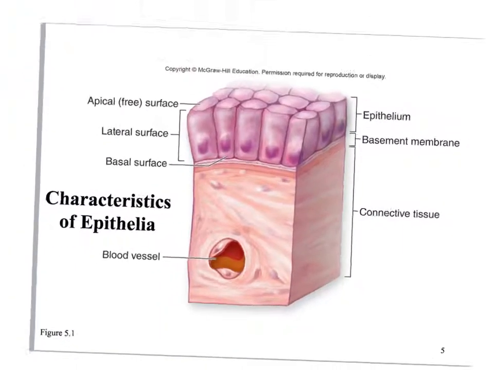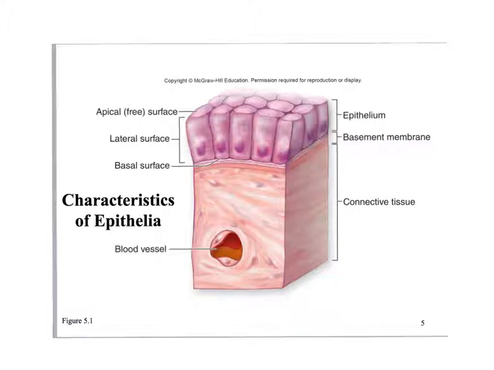Here's your textbook's rendition of a simple columnar epithelium. When we talk about layers, we're talking about the number of layers of cells between the apical surface and the basement membrane.